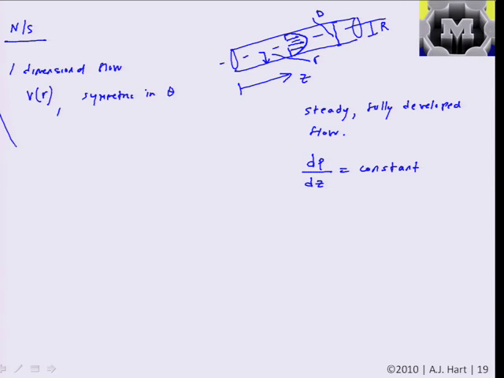So our reduced Navier-Stokes equation for this case says that 1 over the viscosity times the pressure gradient, dP dz, is equal to 1 over r times d by dr, r dv dr.